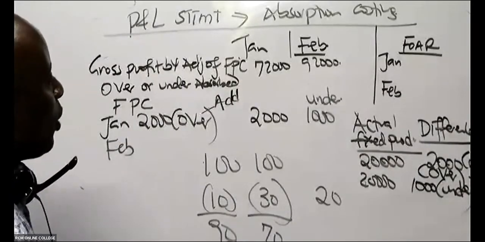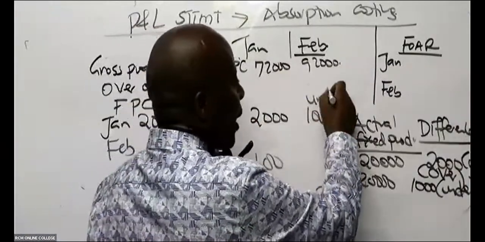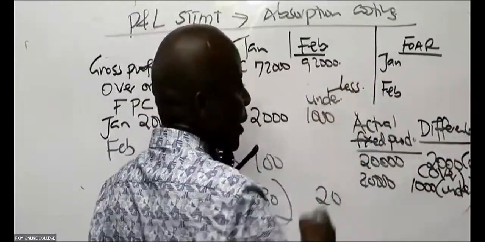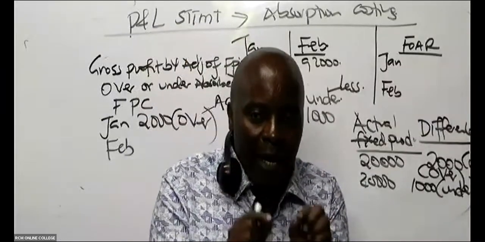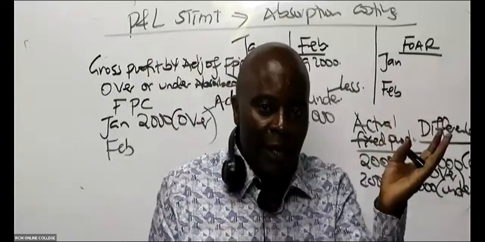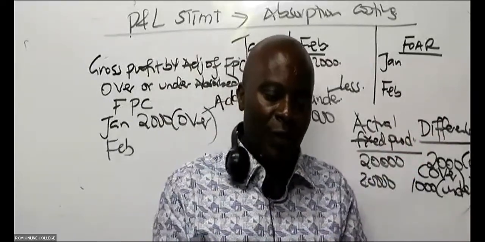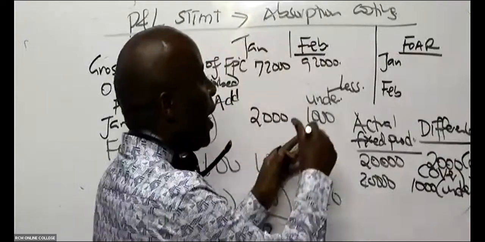Subtract. So this one, we shall subtract because it is under. Because when you underestimate an expenditure, then automatically your profit is overstated. So in this case we are subtracting.